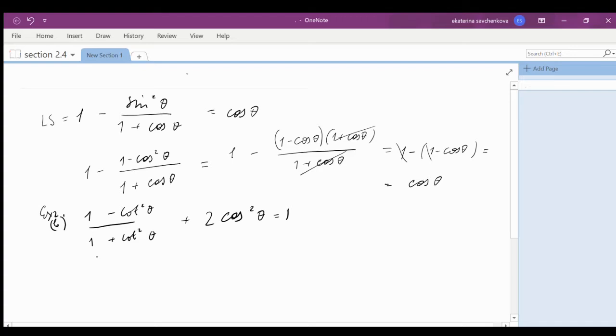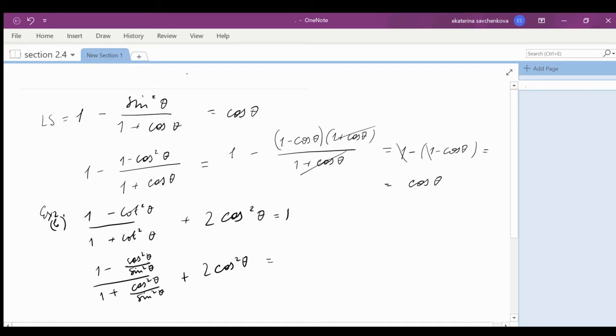Well, I'm going to start with sine and cosine representation of cotangent. So it's 1 minus cosine square of theta over sine square of theta, divided over 1 plus cosine square of theta over sine square of theta, plus 2 cosine square of theta.